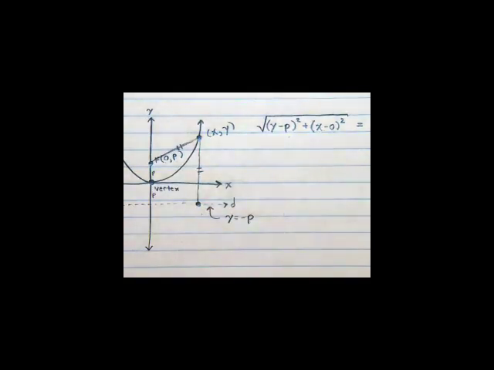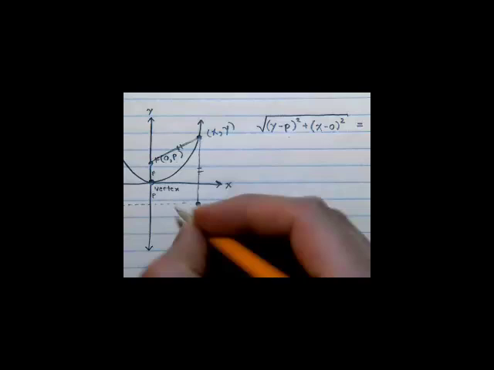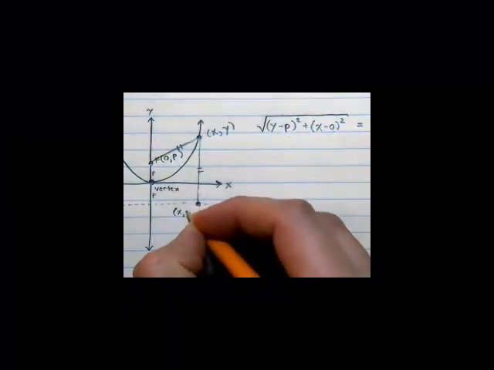So take a look at the geometry of how we set that up. What should be the coordinates of that point? Perfect. Good. It's got to be x for the x, right? Because it's straight down from that. And it's got to have a y value of negative p because it's sitting on that line. So this has coordinates x, negative p.